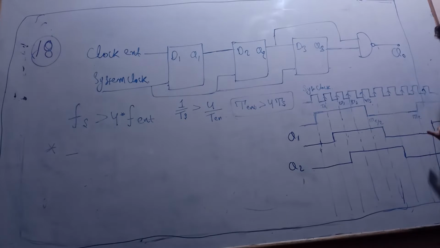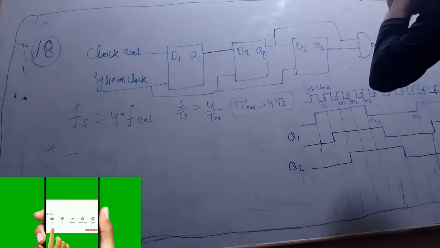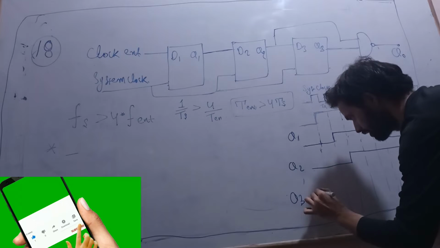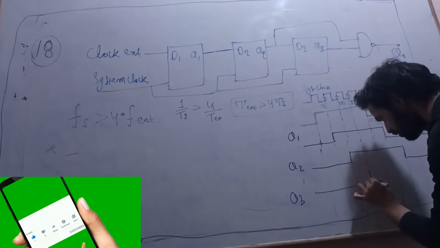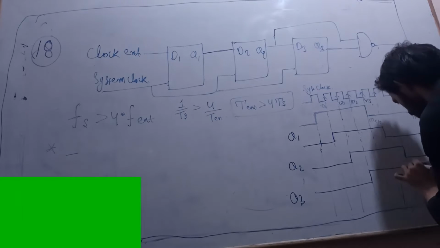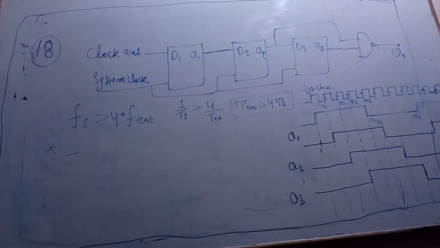The next one will be like this. Now for Q3, it will get delayed by a further 1 cycle, so the total is 3 cycles. So it will get delayed like this.